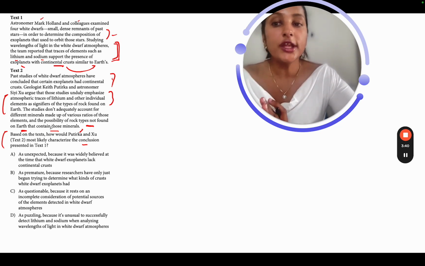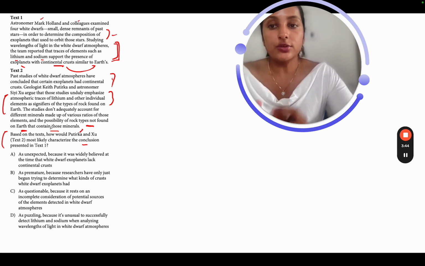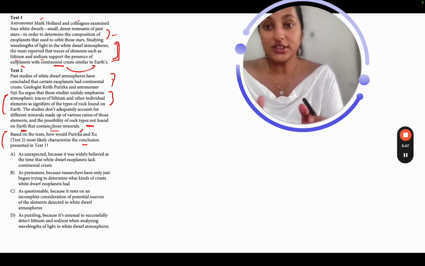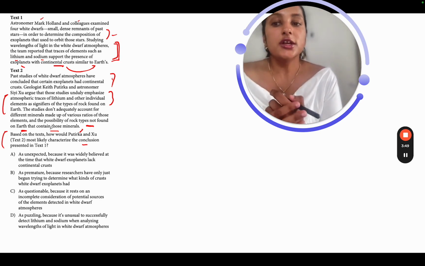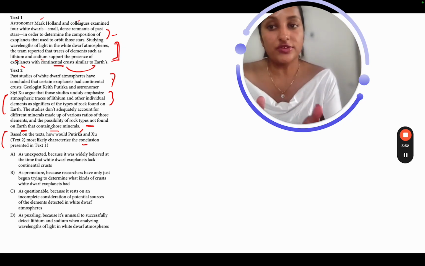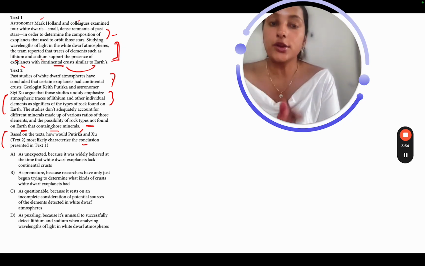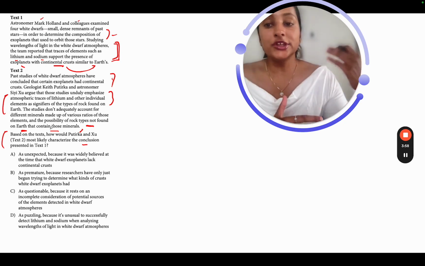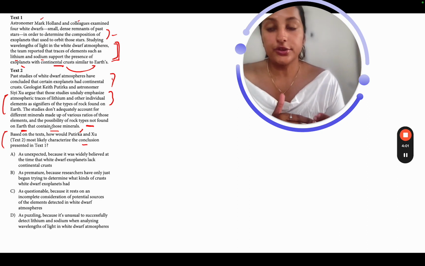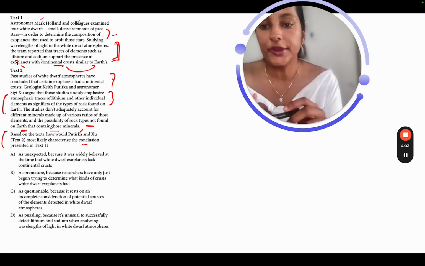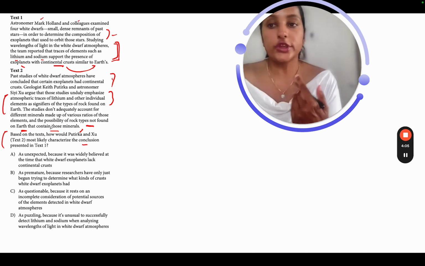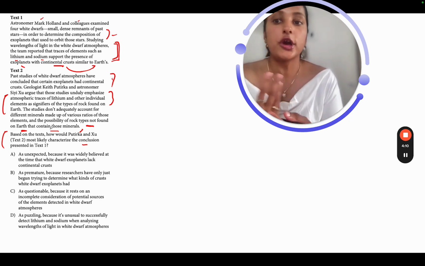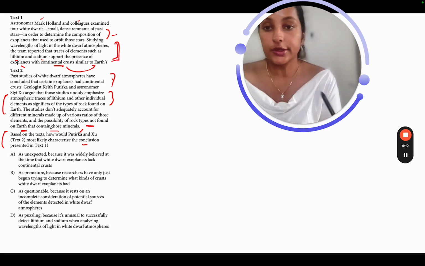So this conclusion that the crust is similar to Earth, drawn because of the traces of elements, is possibly incorrect because they are not considering different minerals that have the same elements but are not present on Earth, right? Okay, the relationship is negative again. P and X do not support the text, since they think it is not considering other things while coming to this conclusion.